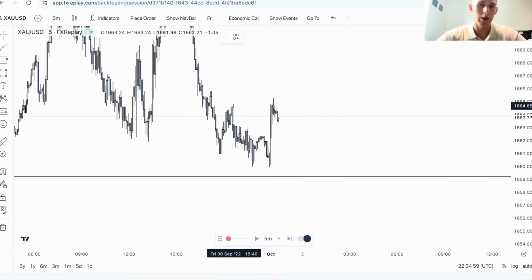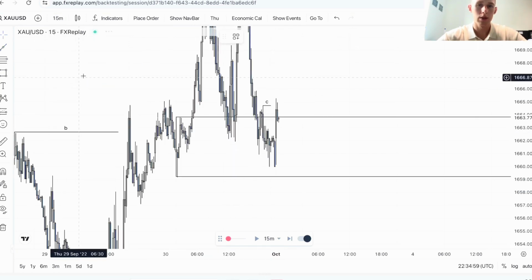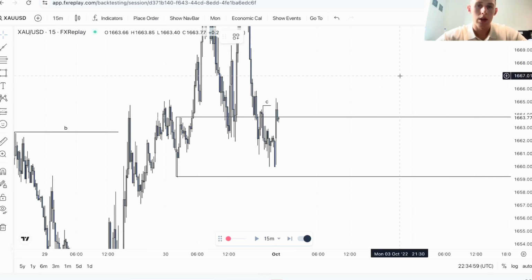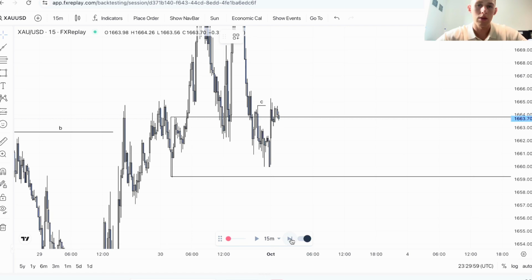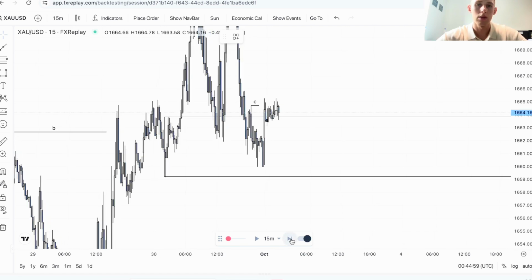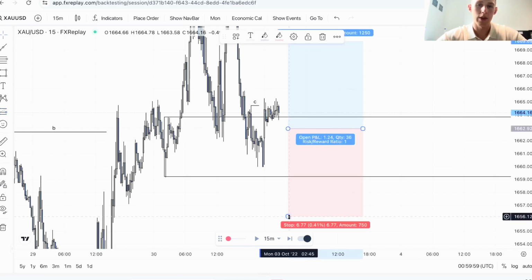Cool, so it just broke structure as well. Nice, so I'm going to set a limit sort of on this region.